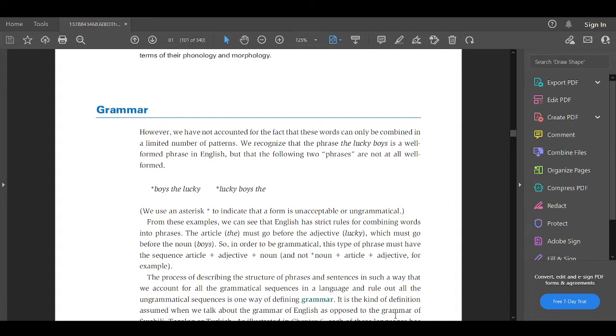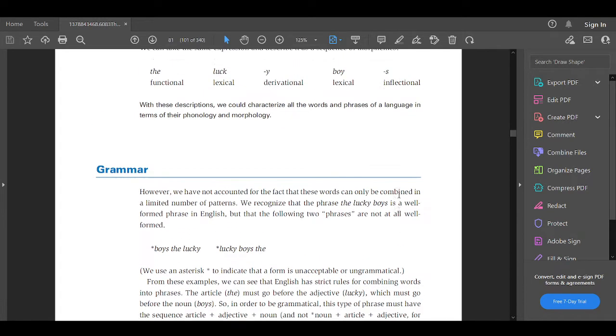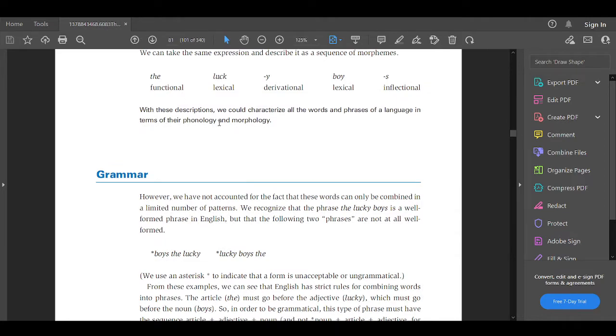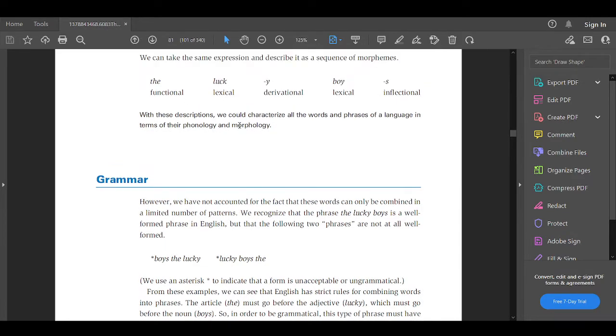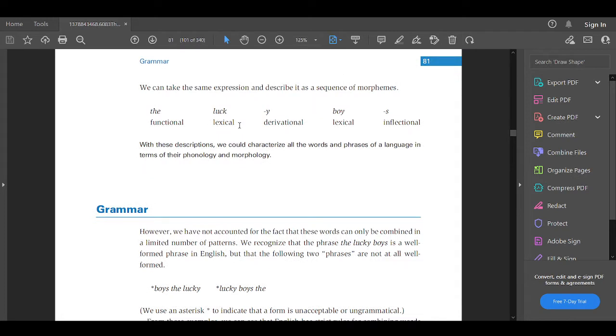Of course, it is more related to... Okay, with this description, we could characterize all the words and phrases of a language in terms of their phonology and morphology. This is just the word level in that sense.